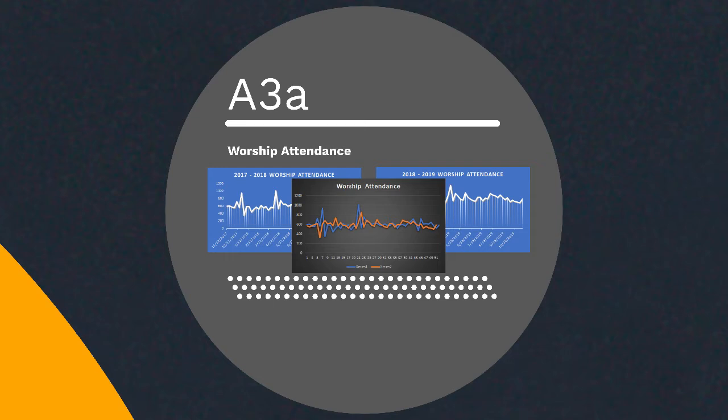You can pick out the high Sundays like Easter and Christmas, but by and large we're following the same line. I do want to point out that towards the end of the line, our worship attendance has been running under where we were this time last year, and I know that this is an opportunity to reach out and make sure that you're encouraging people in your group to be faithful in attending worship as well.